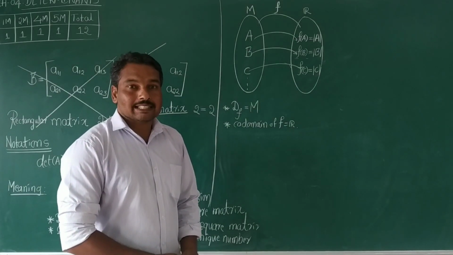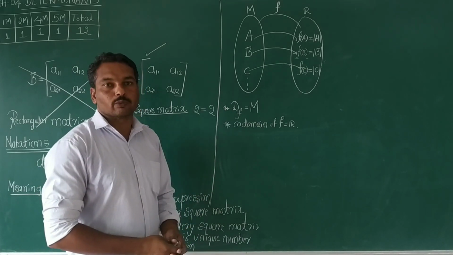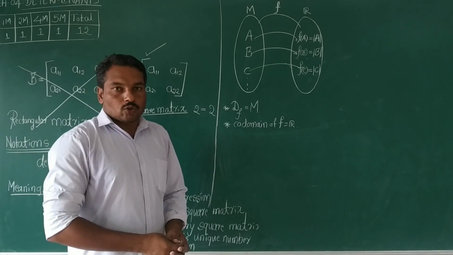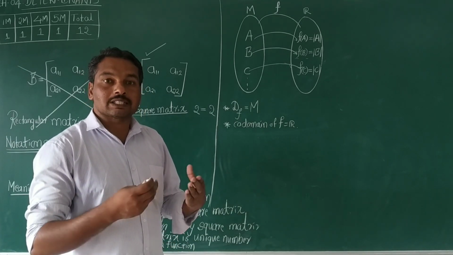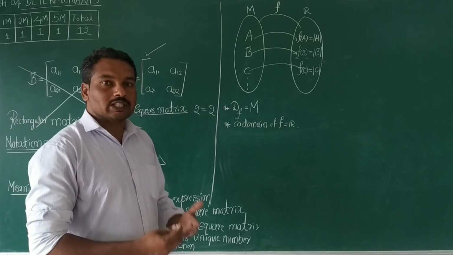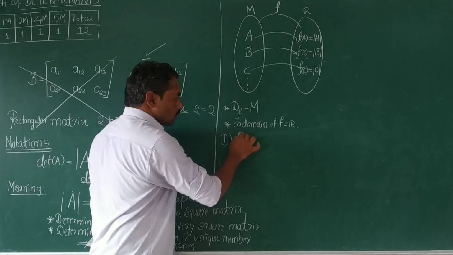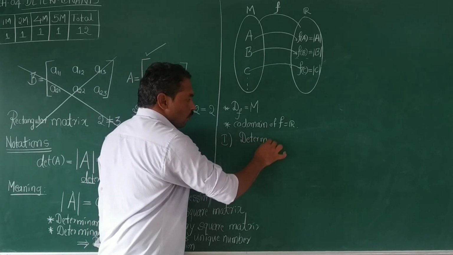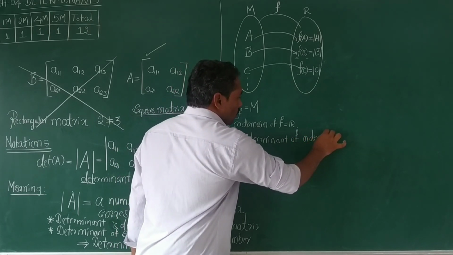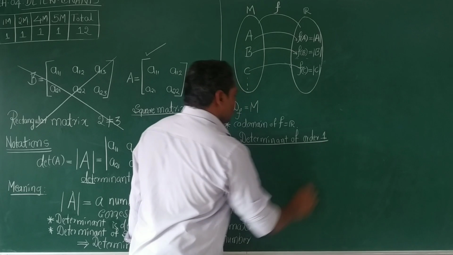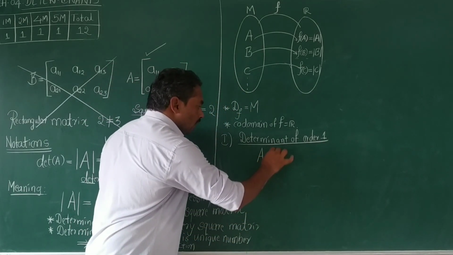Next, we will discuss how to determine the determinant of a given square matrix. There are many definitions depending upon the order of the square matrix. First, we shall discuss how to determine the determinant of a square matrix of order 1. So consider a square matrix of order 1.